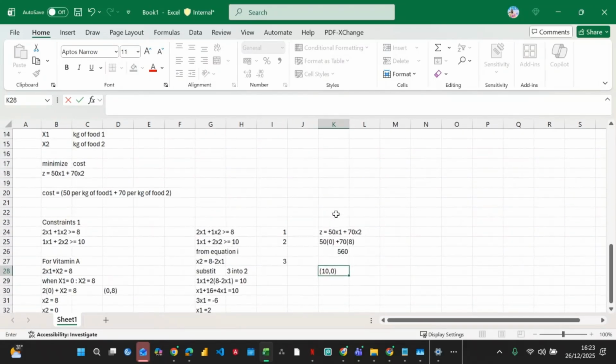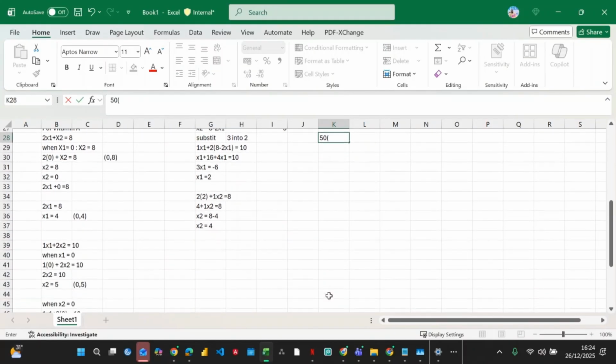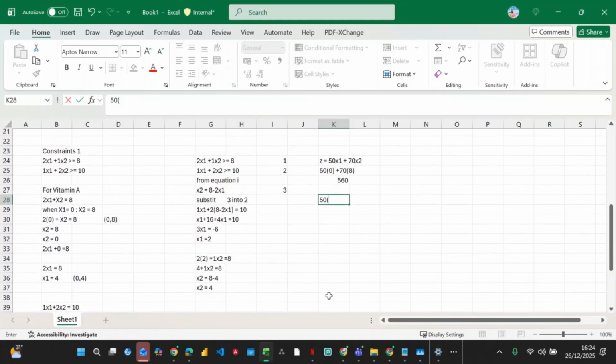So that is this one. I'm looking for this one here. So what this means is I'm going to have 50 times x1, where x1 is 10, and then plus 70 times x2.